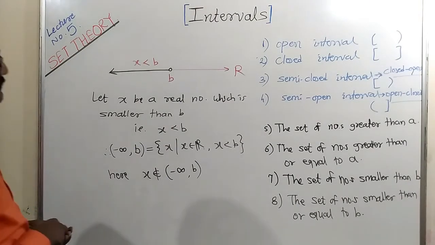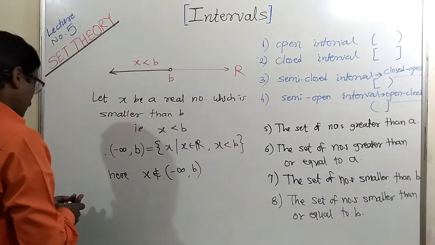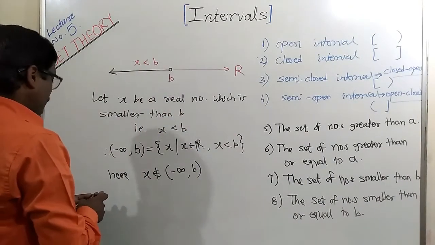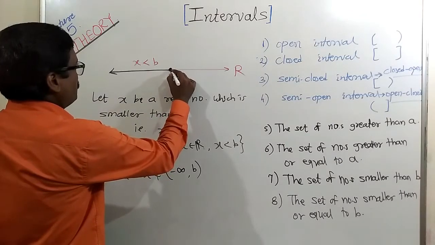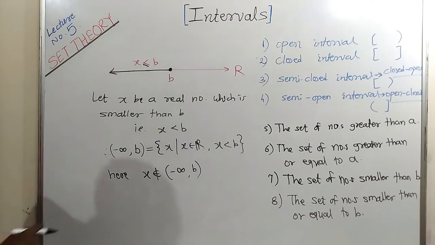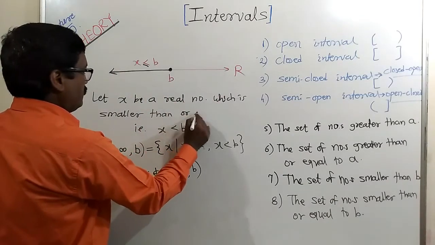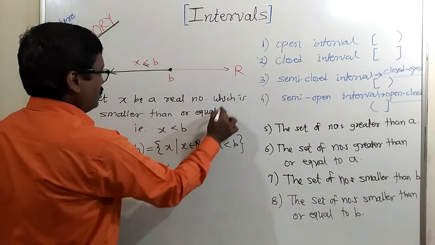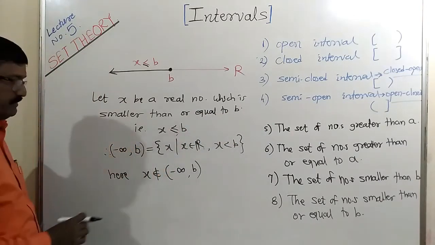Once again, R is a real line. Here, the number is equal to B and smaller than B. So, in this case, the circle is solid because x is equal to B. Let here x be a real number which is smaller than or equal to B. So x is less than or equal to B.